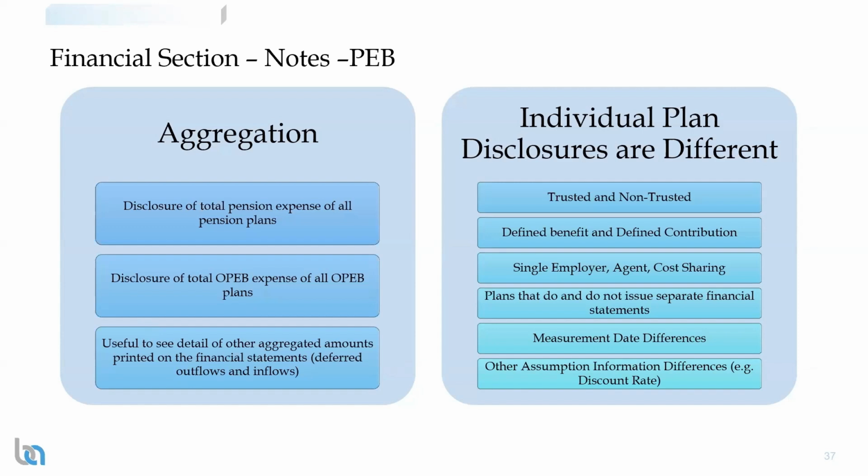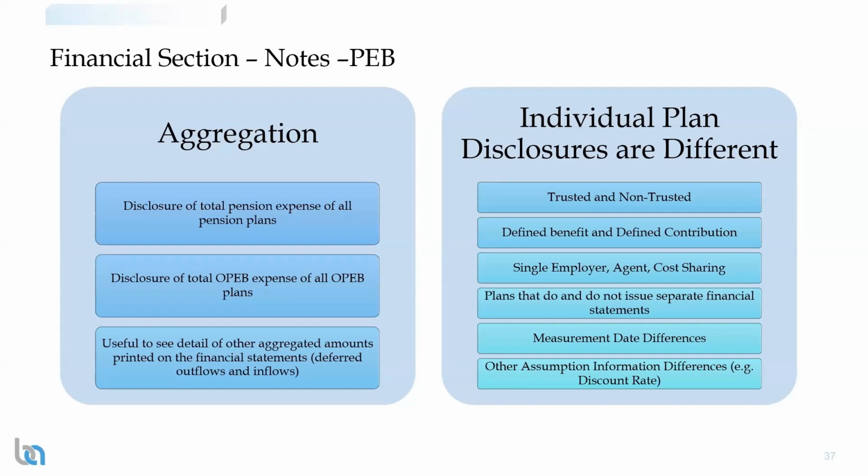And then if you have multiple plans, these disclosures can be different. If you have a cost sharing plan or a single employer plan, whether for pension or for OPEB, the disclosure requirements are different. So you can't necessarily copy and paste an agent multiple employer plan's disclosures for a cost sharing plan. You can't use a single employer plan for an agent multiple employer plan and so forth.